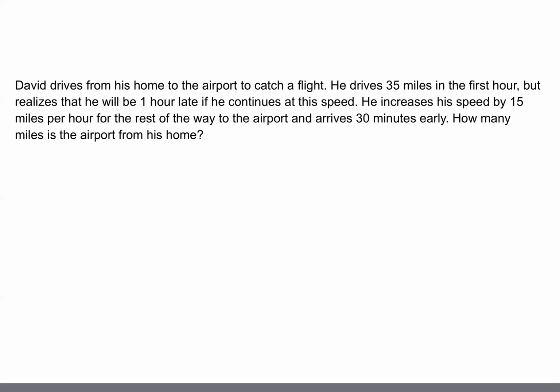This problem is a little bit trickier if you think about it as the entire distance, but I'll give you guys a hint, and I want you to think about just the distance after he realizes he'll be late, right? Let me draw a diagram really quickly.